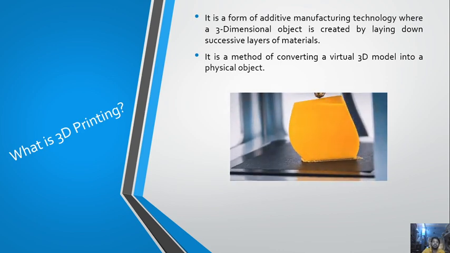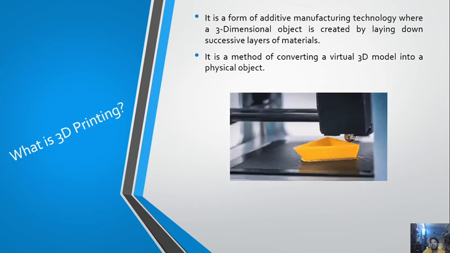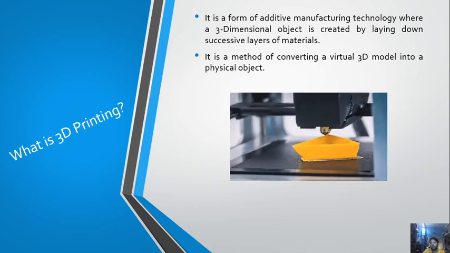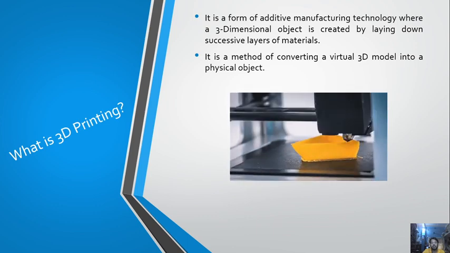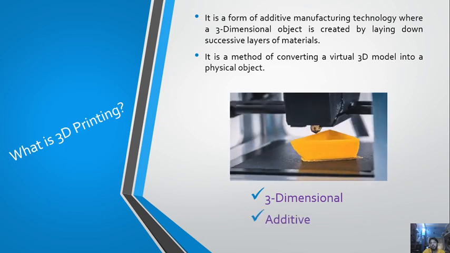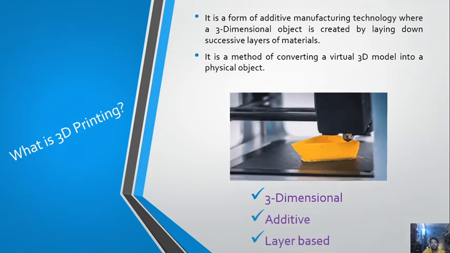A 3D printer is the machine that produces three-dimensional parts using an additive layer-based process. Three-dimensional means you can make parts that are more than a flat geometry. So here three things really define what is a 3D printer and what is not: three-dimensional, additive, and layer-based process.